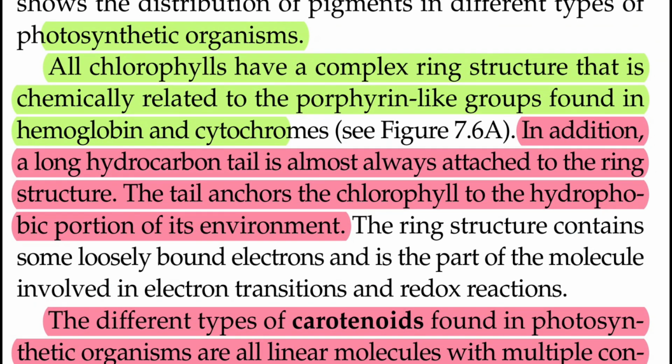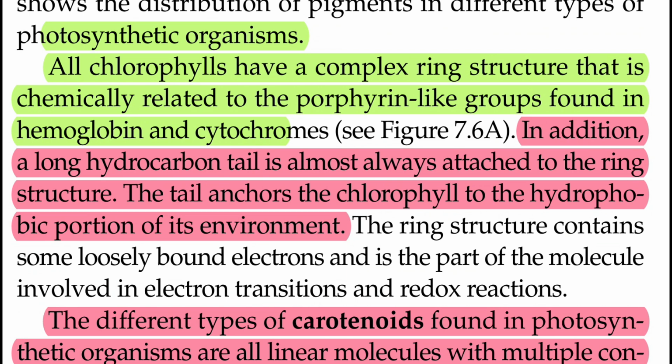All chlorophylls have a complex ring structure that is chemically related to the porphyrin ring, porphyrin-like groups found in hemoglobin and cytochrome. जैसा हेमोग्लोबिन एंड साइटोक्रोम में स्ट्रक्चर होता है रिंग लाइक, वैसा ही क्लोरोफिल में भी रिंग लाइक स्ट्रक्चर होता है.